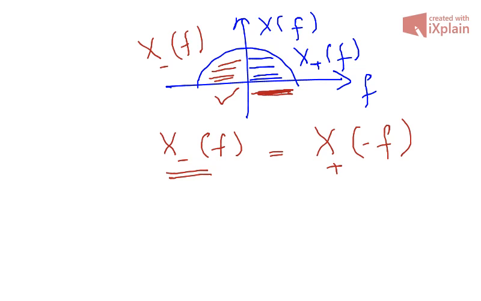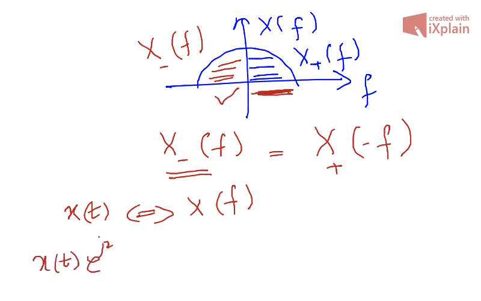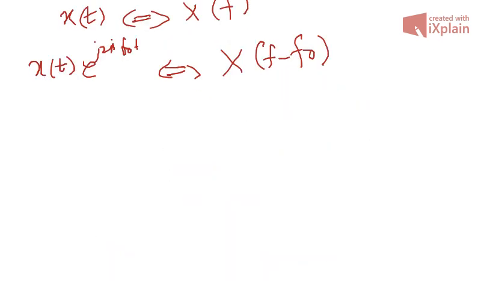Now if you are familiar with modulation, if you have x of t which has this spectrum X of f, and you modulate it, multiplying x of t by e raised to the power j 2 pi f naught t, the spectrum moves to f minus f naught. Let me draw it.